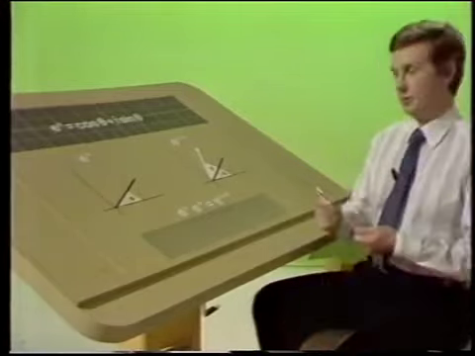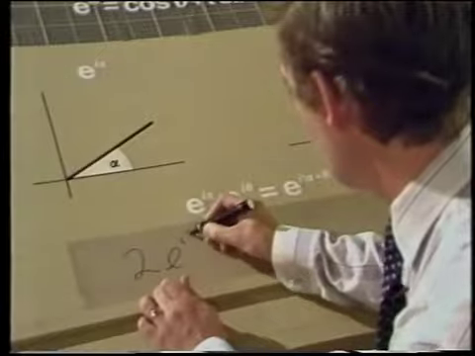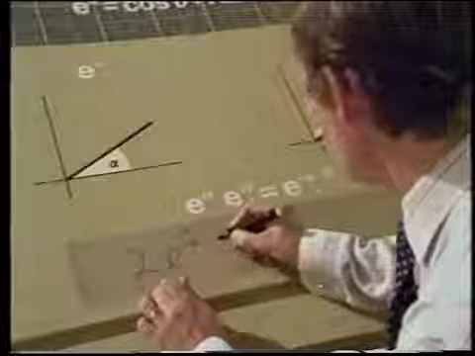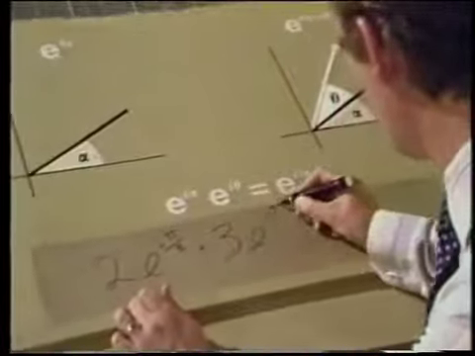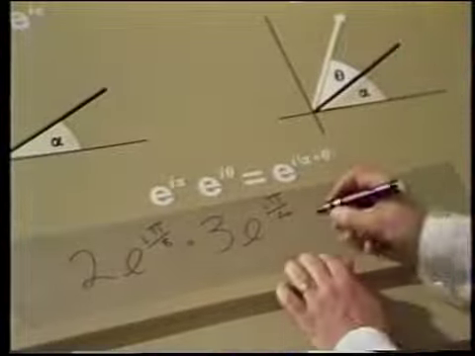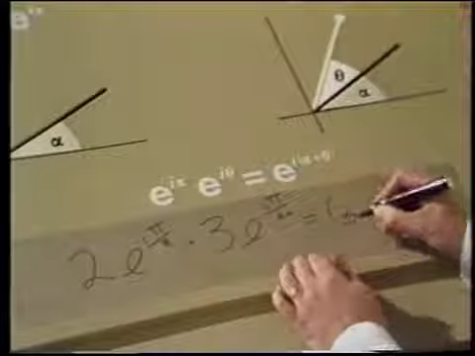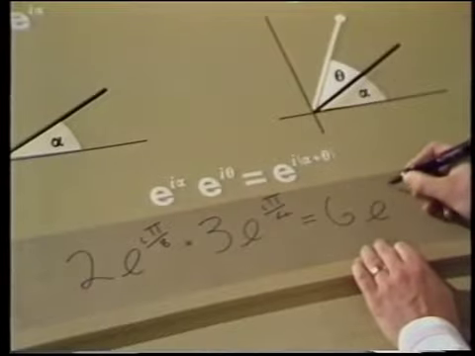So how would you solve this problem? Well, 2 times 3, that's 6. And to multiply the exponentials, we just add the powers.